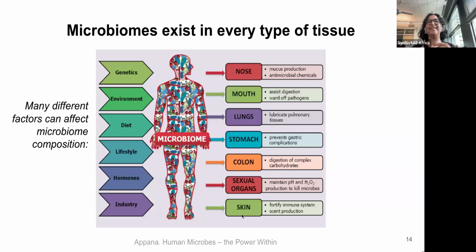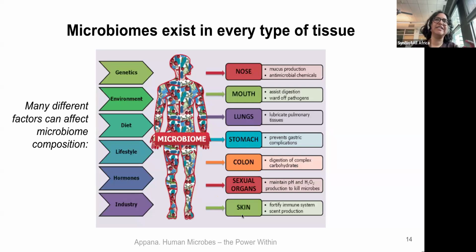And the bacteria on your skin are actually giving you the scent, like when you sweat. Those are actually your skin microbiome releasing different volatile compounds. So, yeah, there's a lot of reasons why we need these microbiomes, and I don't need to continue convincing you that they're important.